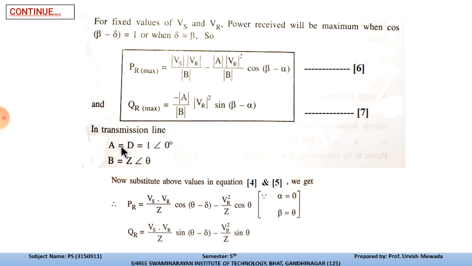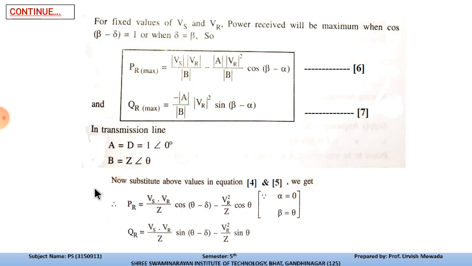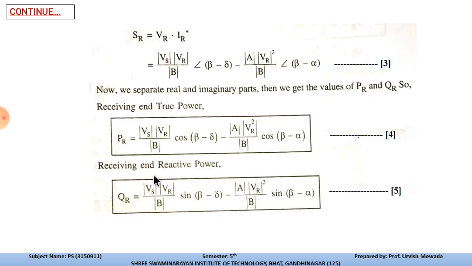Now in a transmission line, generally A is equal to D is equal to 1 at angle 0, and B is equal to Z at angle 0. So substituting these values in equations number 4 and 5 that we derived, A is equal to D is equal to 1 at angle 0 and B is equal to Z at angle 0.